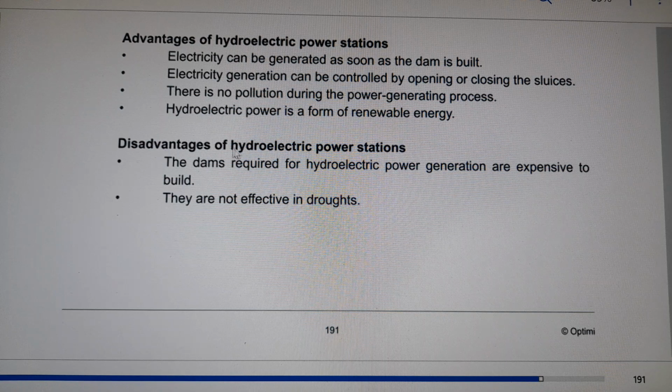And the disadvantages of hydroelectric power stations are that the dams required for hydroelectric power generation are expensive to build, and they are not effective when there are droughts. Okay, so we are dependent on water and the rainfall.